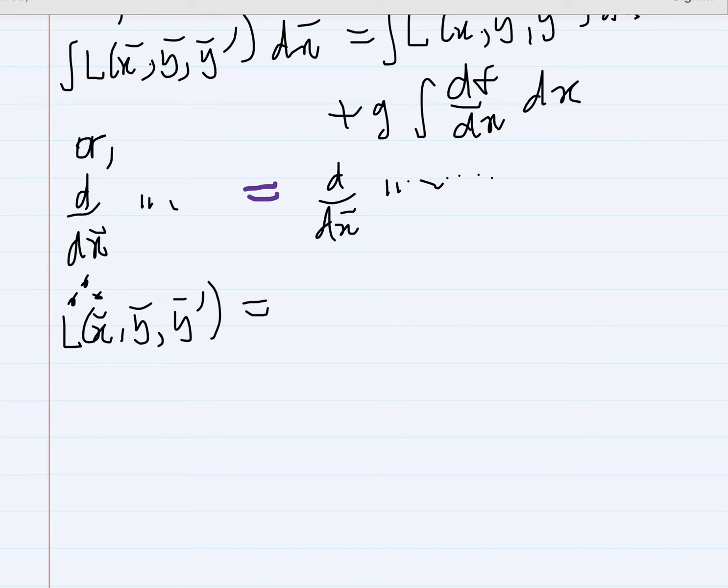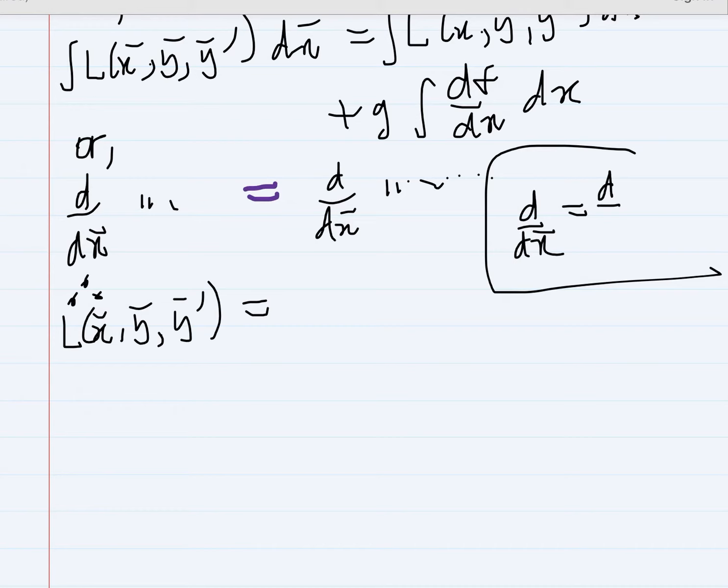So this differential operator d by dx bar, let's suppose it operates on some appropriate function, can be written as d by dx multiplied by dx by dx bar.